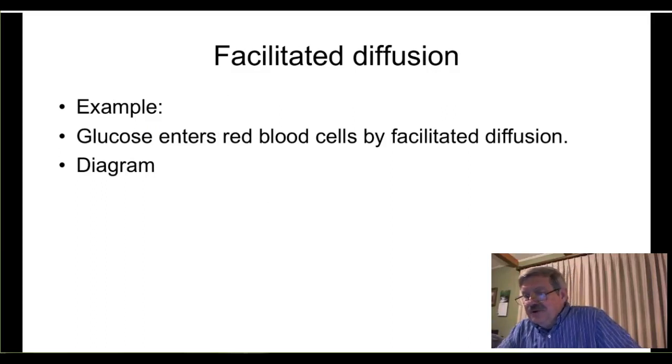And an example of facilitated diffusion occurs when glucose enters red blood cells. And so let's take a look at a diagram for that. And there we go. So right here we have a blood vessel.